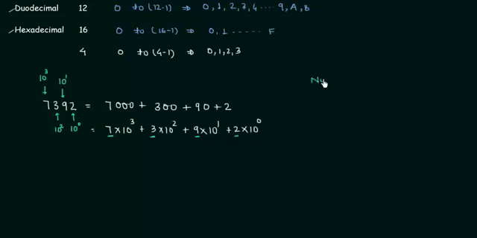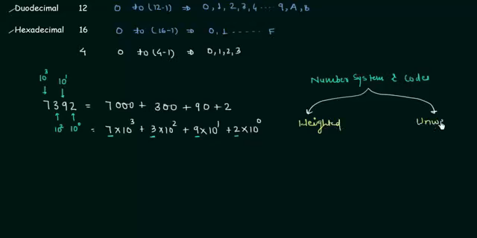So the number system and codes we can categorize into two groups. The first one is weighted and second one is unweighted. In weighted we have few examples. First one is decimal number system that we have seen here.